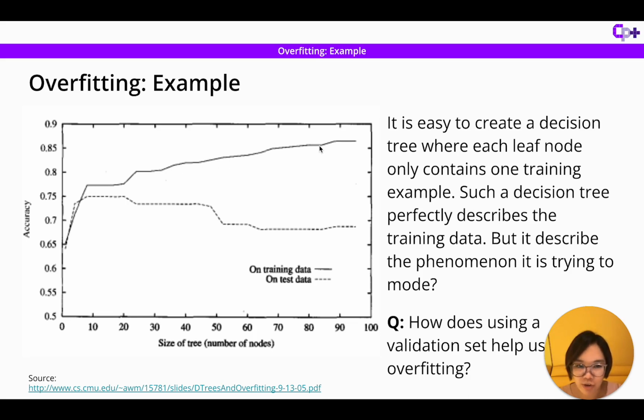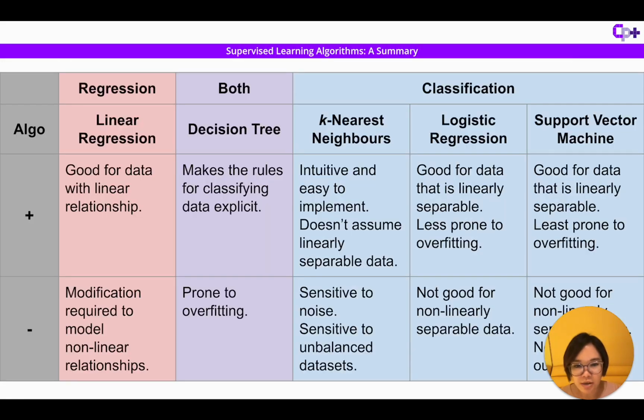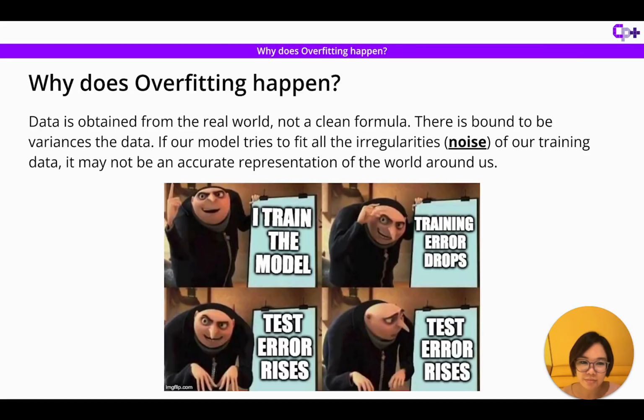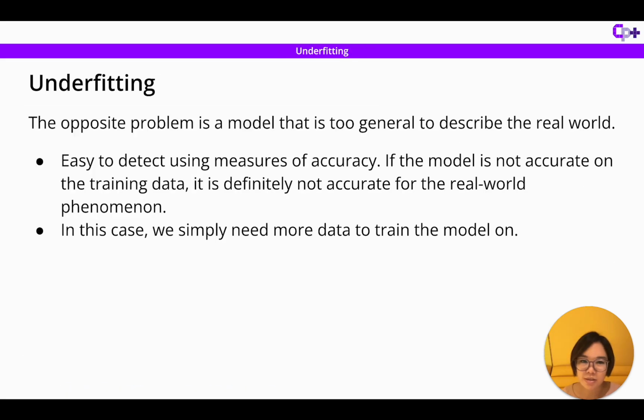And if you remember the charts earlier, I said that decision trees are very, very prone to overfitting, because it's very easy to make a tree where each decision leaf only has one training example.